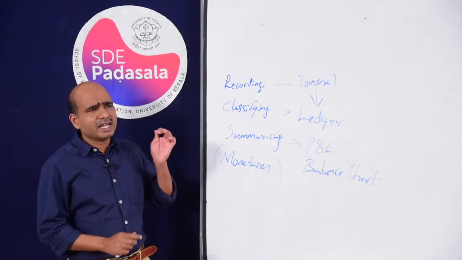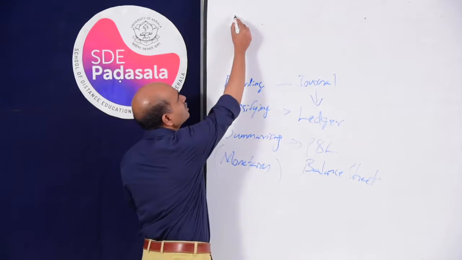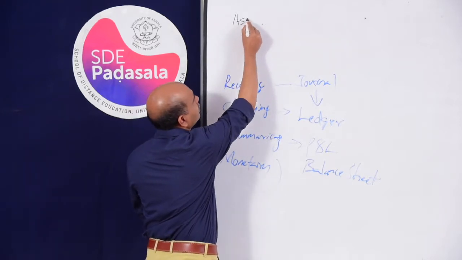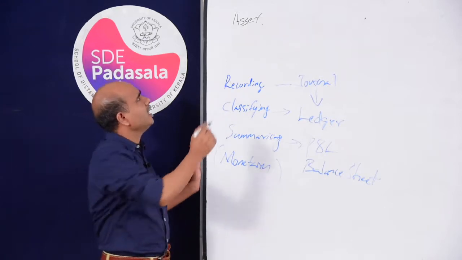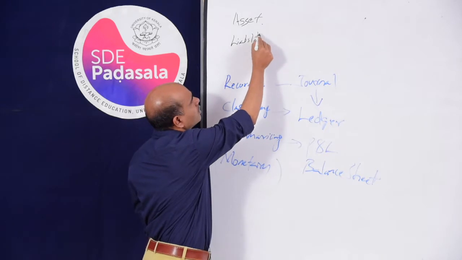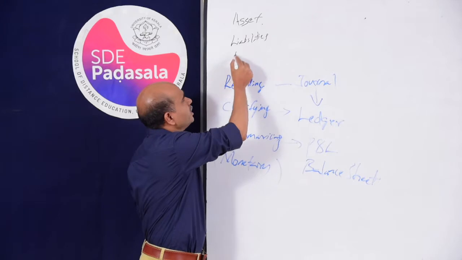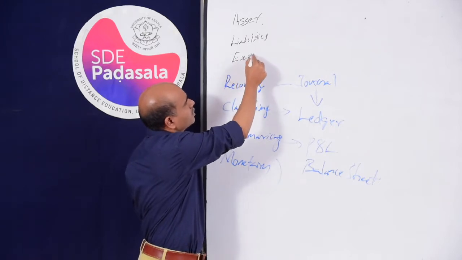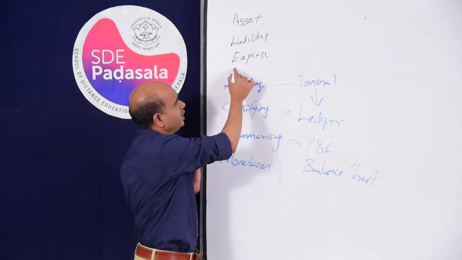Asset means cash and valuables owned by the business. So the first item is asset. The second item is liabilities. The third item is expense. And the last item is income.